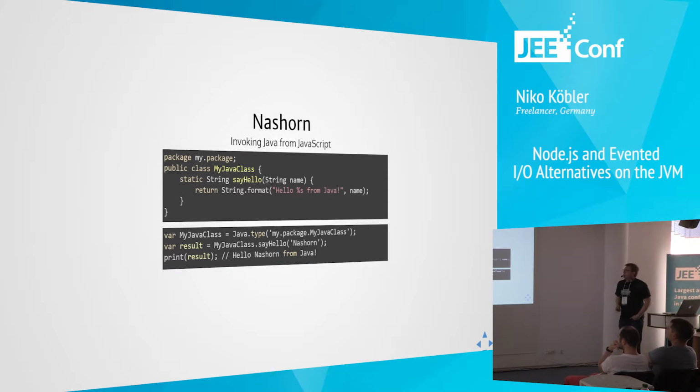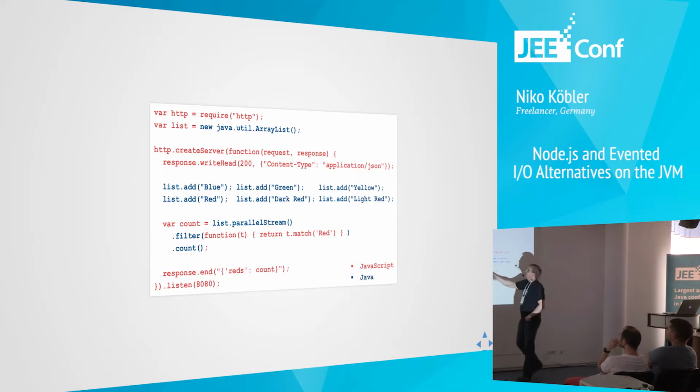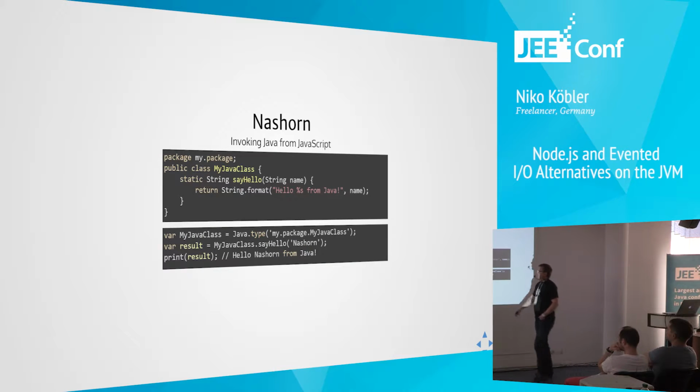And this is the other way. We also saw this. We have a Java class and can call methods from this Java class in our JavaScript code. So if you go back, you saw the direct reference in the second line, var list is new Java util array list. And on this slide, I have this, my Java class is java.type, my fully qualified name.